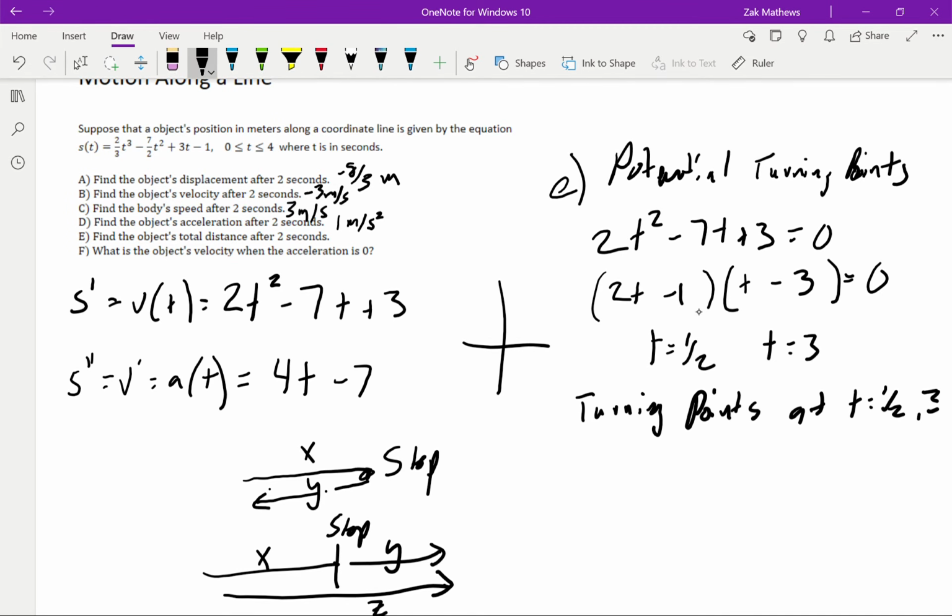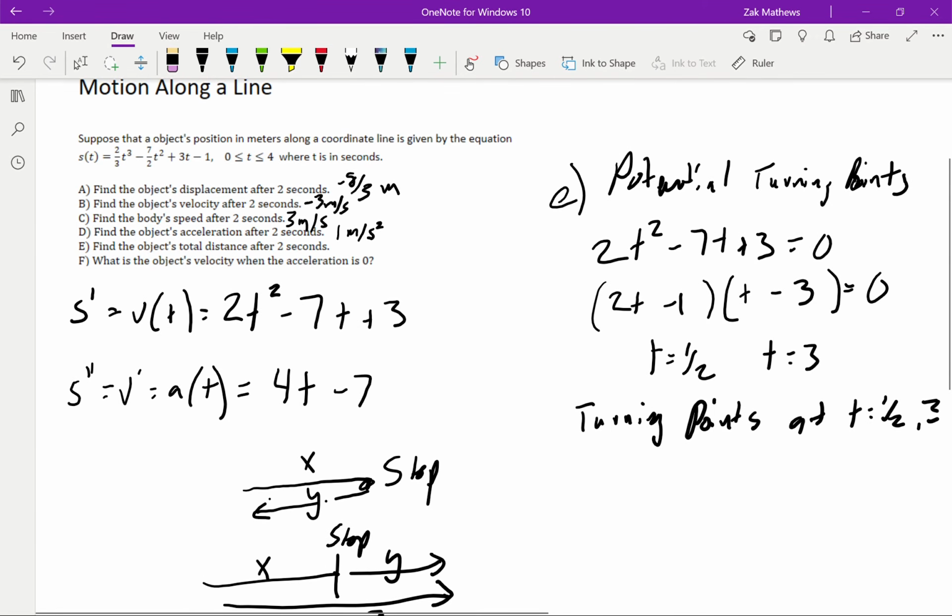If we have an even multiplicity, it touches and turns. Notice that both of these ends stay positive. So if we look at these factors, both of these factors occurred once, meaning their multiplicity was just 1. And that means they have to cross through the axis, meaning that they will both be turning points. Okay? So that is how we can determine turning points for a motion along a curve, motion along a line.